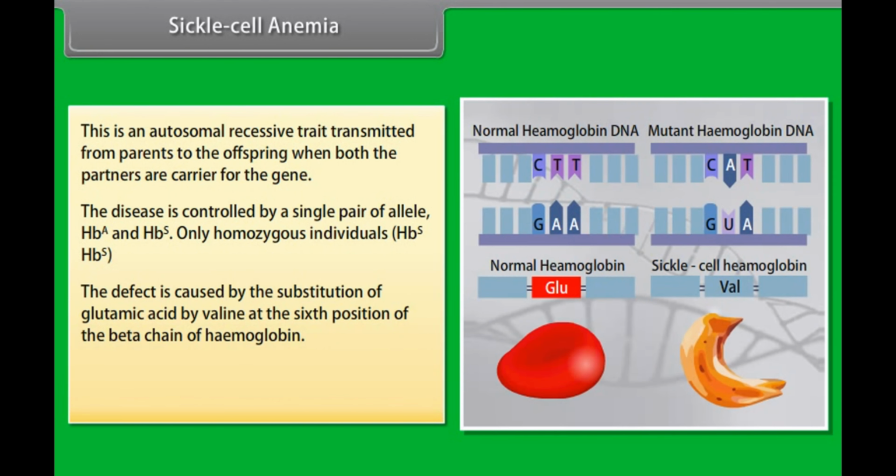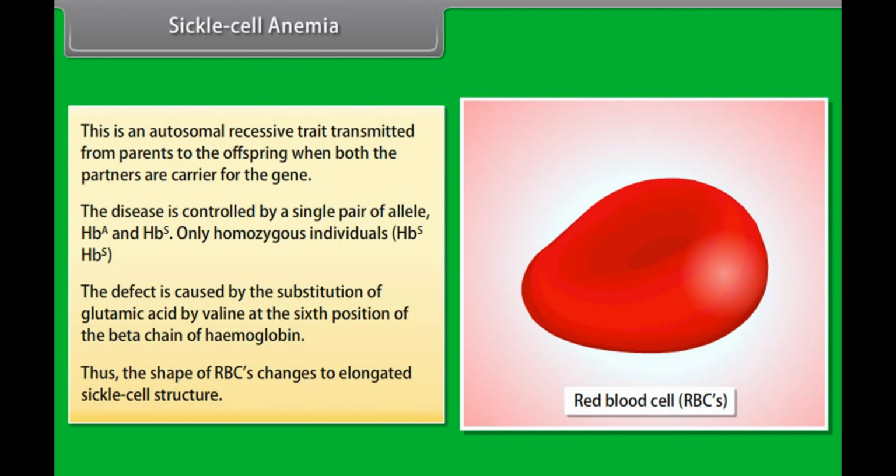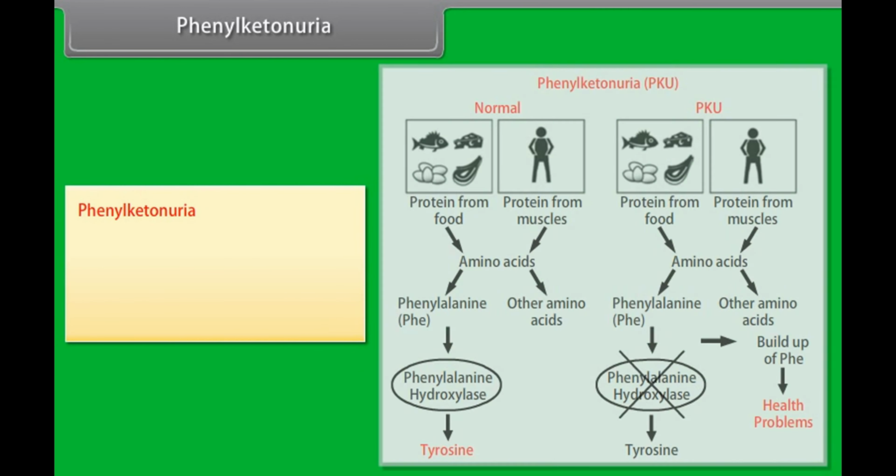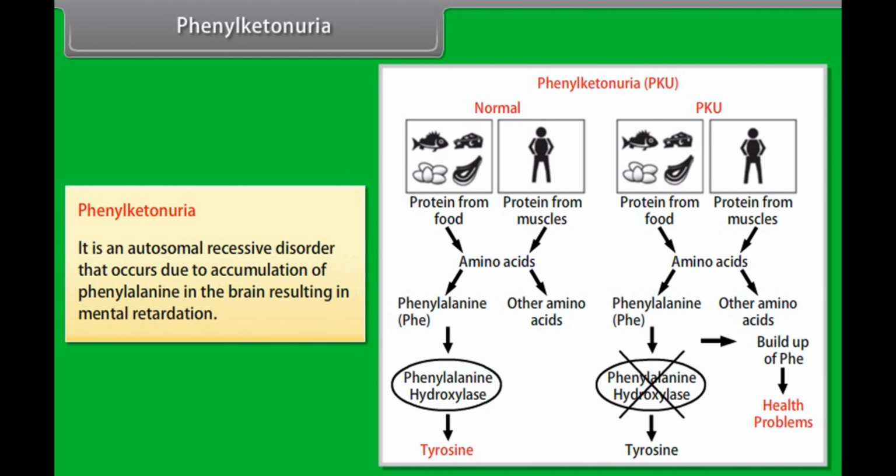The defect is caused by the substitution of glutamic acid by valine at the 6th position of the beta chain of hemoglobin. Thus, the shape of RBCs changes to an elongated sickle cell structure. Phenylketonuria. It is an autosomal recessive disorder that occurs due to accumulation of phenylalanine in the brain, resulting in mental retardation.